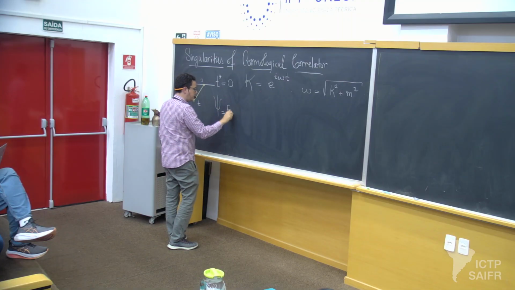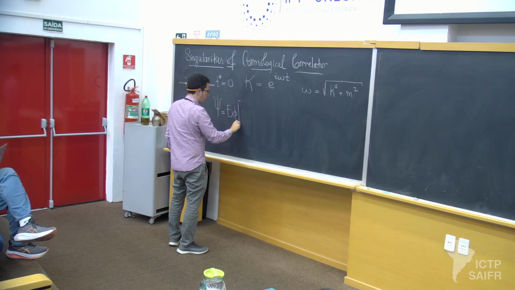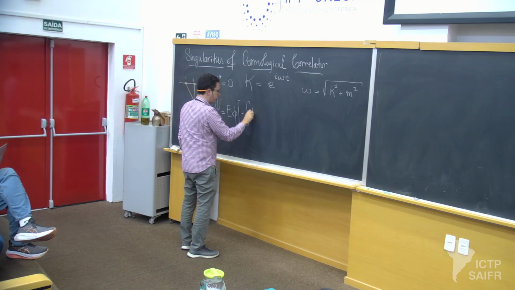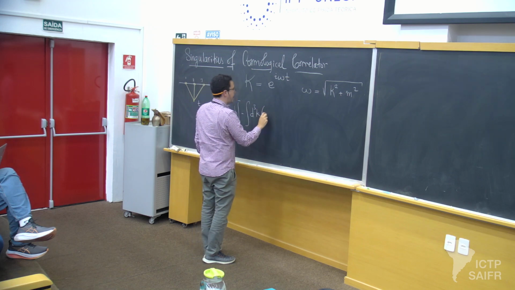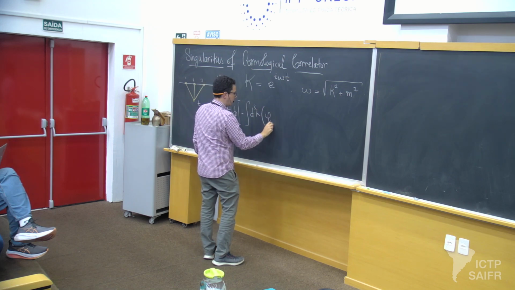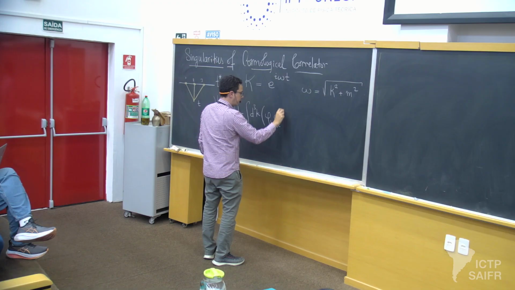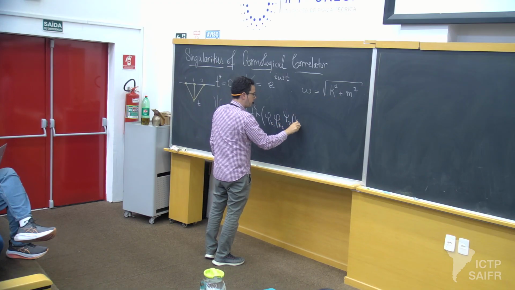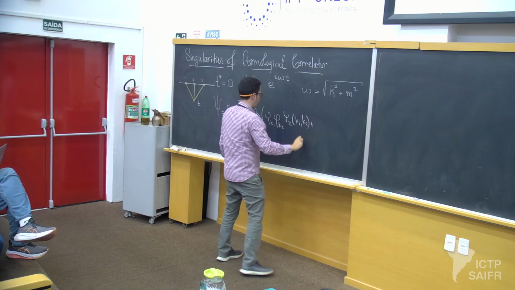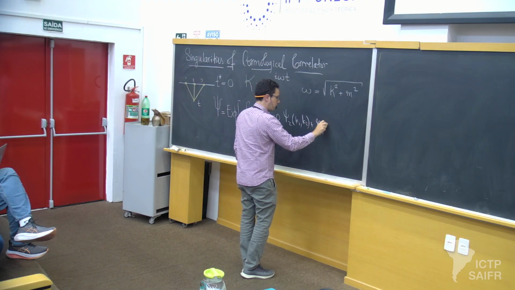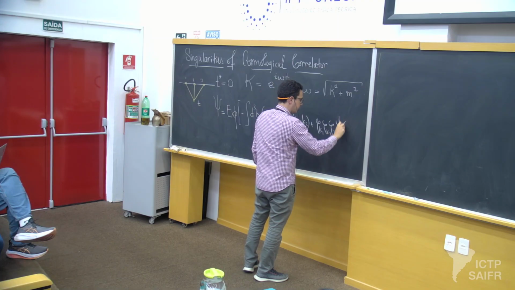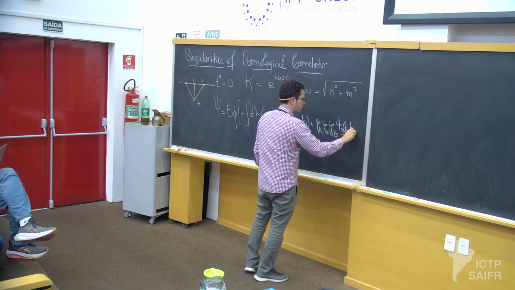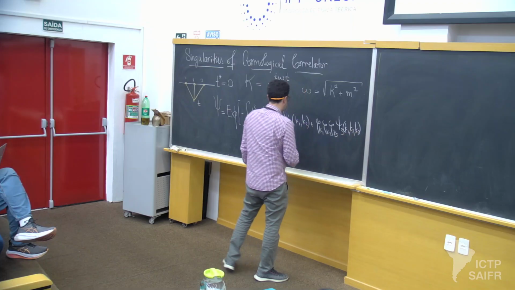So now the wave function of the universe is going to have a Gaussian part, exponential of minus the integral d3k, phi k1, phi k2, psi 2 of k1, k2, plus and so on.